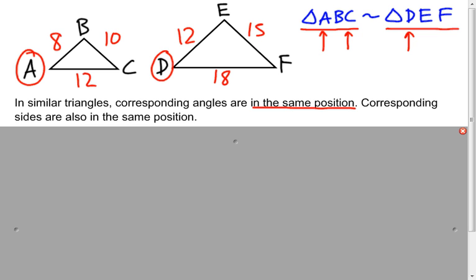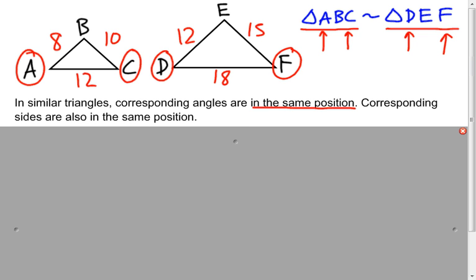What angle is corresponding to it? What's in the same position? Well, C comes last in that name. F comes last in the second name. So C and F are both last, which means that they're corresponding. Look at the pictures and make sure. Angle C is here. Angle F is right here. They're both in the same spot in those triangles, so they're corresponding.